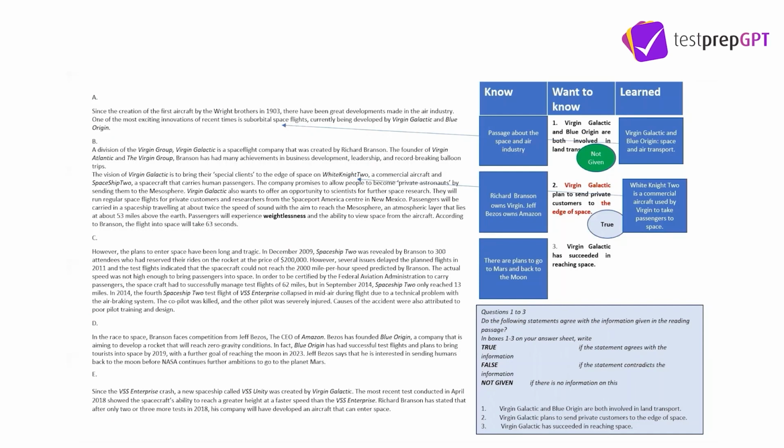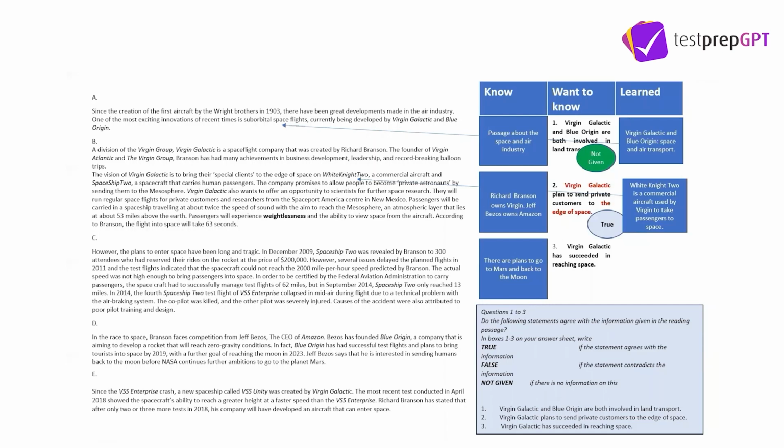Number 3, Virgin Galactic has succeeded in reaching space. When you skim the passage, you can see there's a reference to Virgin Galactic's attempt to enter space. Through Spaceship 2, there were ongoing issues, several issues, tragic problems. Skim through passage C, you'll see that there were accidents.